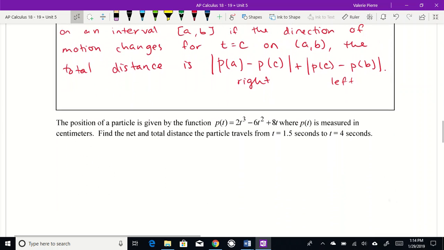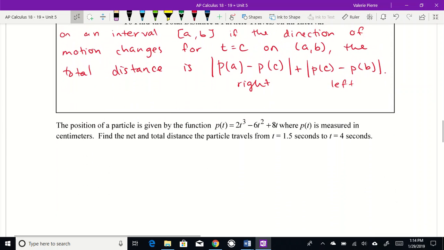So position of a particle is given by the function p of t equals 2t cubed minus 6t squared plus 8t, where p of t is measured in centimeters. Find the net and total distance of the particle travels at t equals 1.5 seconds to t equals 4 seconds.